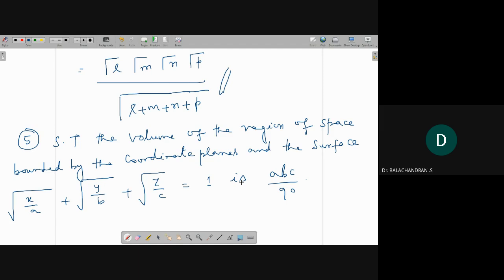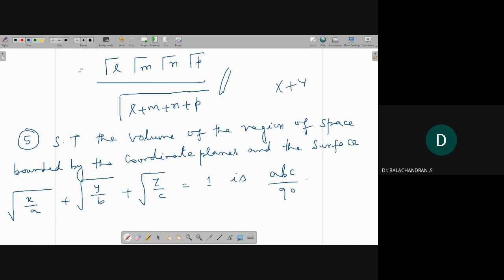And then the limits for Z is what? Z varies from 0 to 1 minus root y by b minus root x by a.